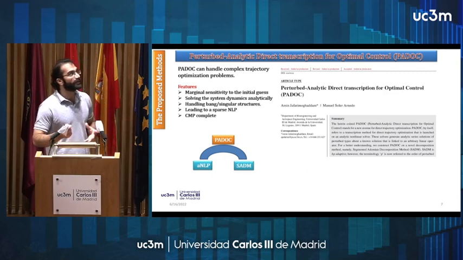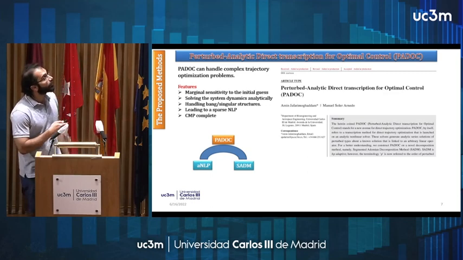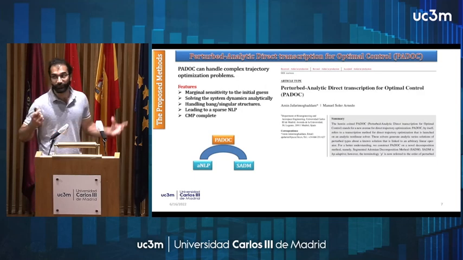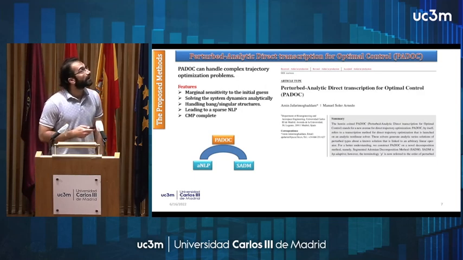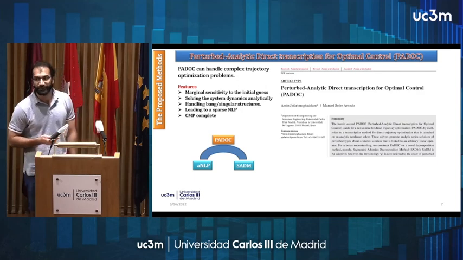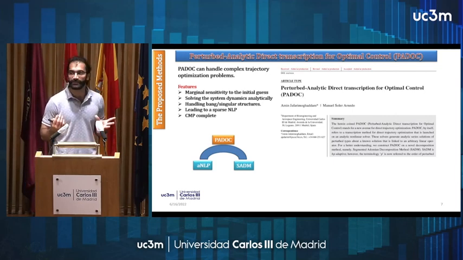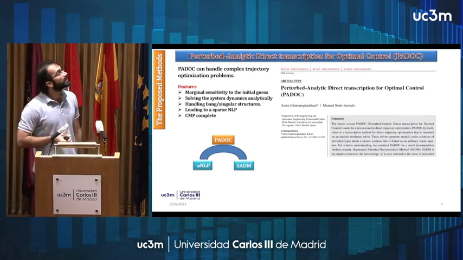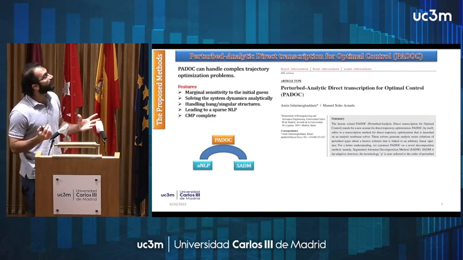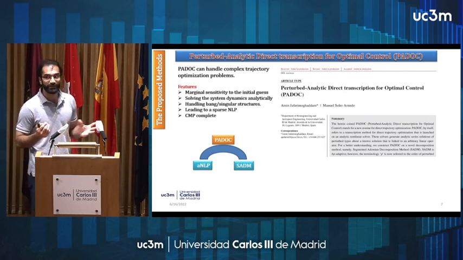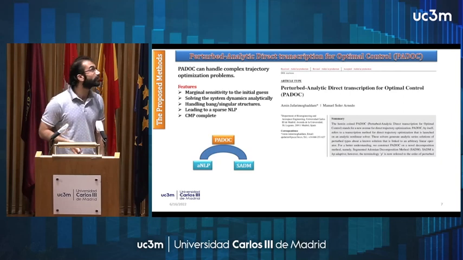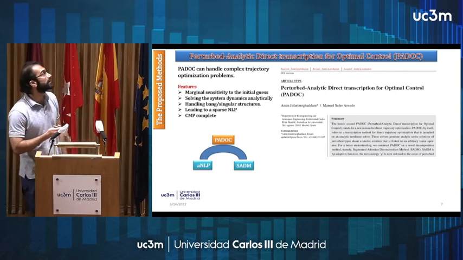This correspondence is known as the covector mapping principle, contracted as CMP. CMP complete means that this map preserves the order, so there is an order preserving map between dualization and discretization.